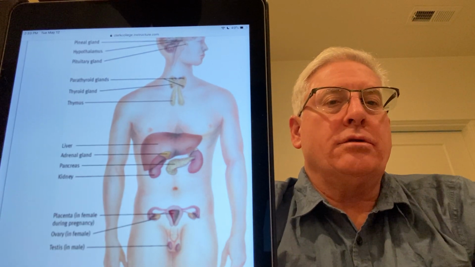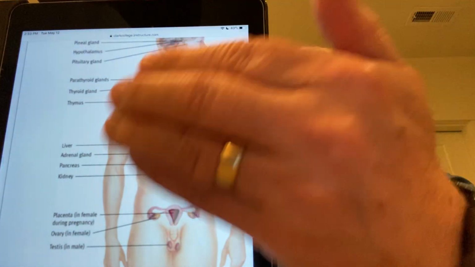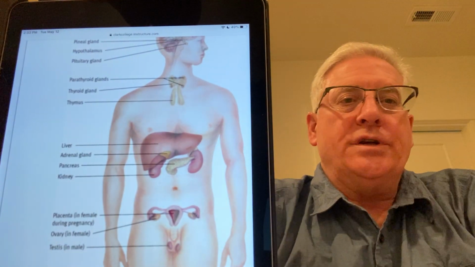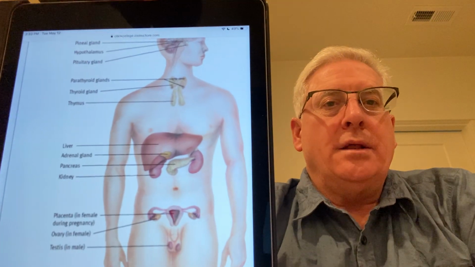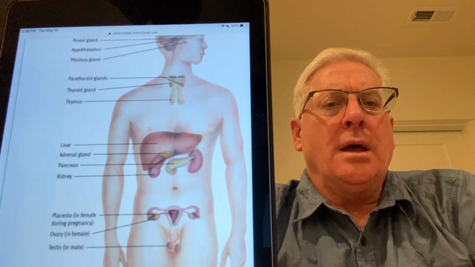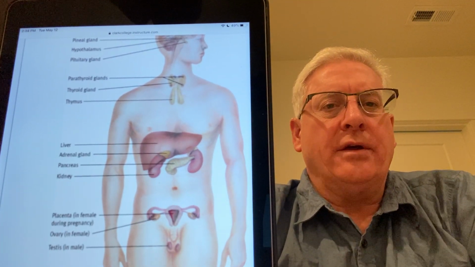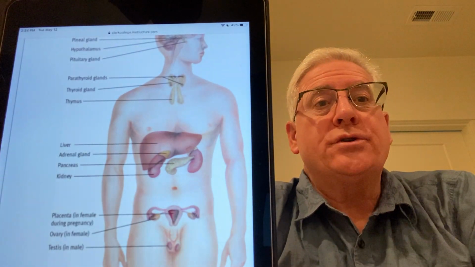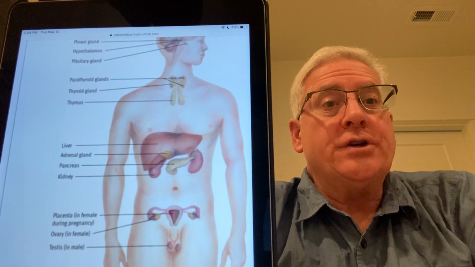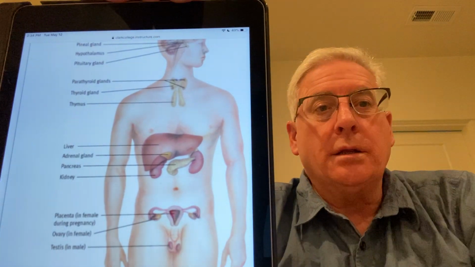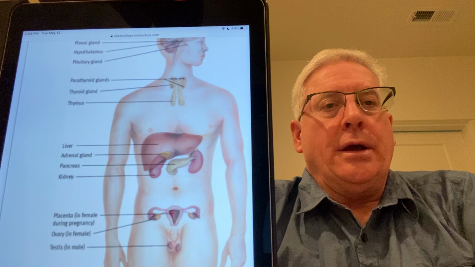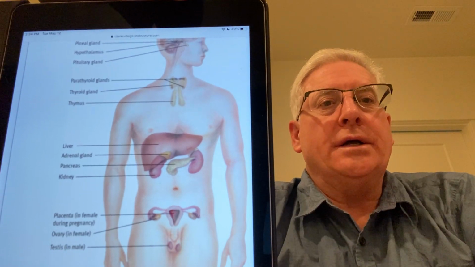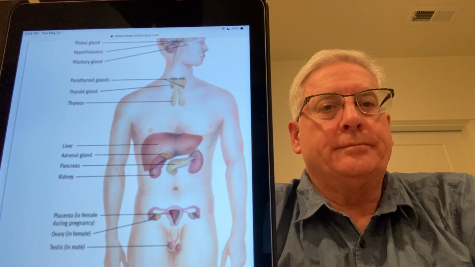The secondary characteristics are all of the other body shape and hair growth and voice change, etc., changes that occur in that maturational process. Also, the testes govern all sexual function, the human sexual response cycle in males, and they also create all sexual drive in males.